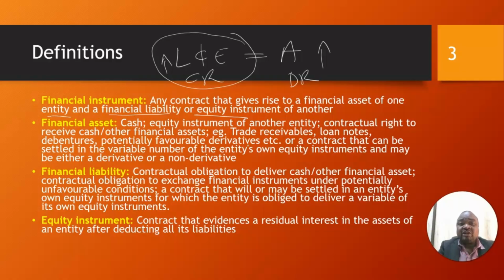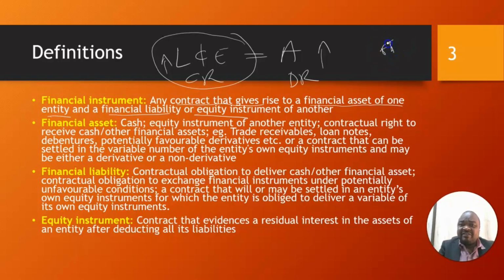You are only talking about a contract that gives rise to a financial asset of one entity and a financial liability or equity instrument of another.